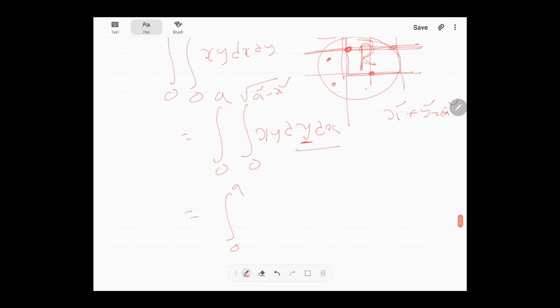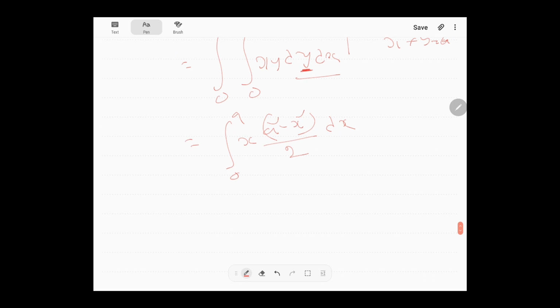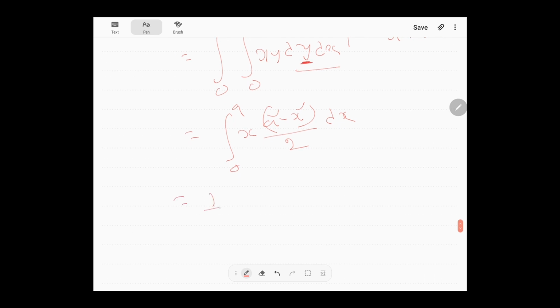If I want to integrate with respect to y first, then x is constant. Integral of y is y square by 2. If I substitute the limits, a square minus x square by 2 dx. So if I integrate it, 1 by 2 comes out, a square times x. Integral of x is x square by 2. If I substitute the limits, a square by 2 minus x cube. Integral of x cube is x power 4 by 4.